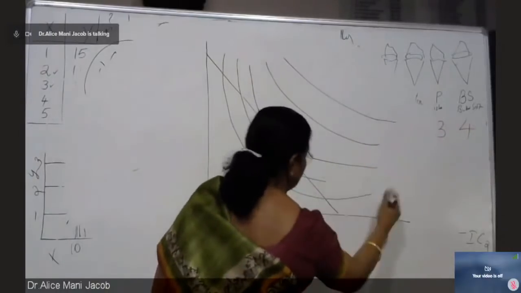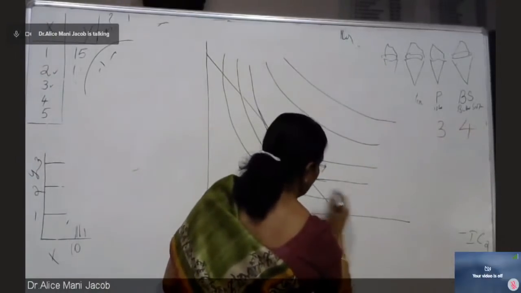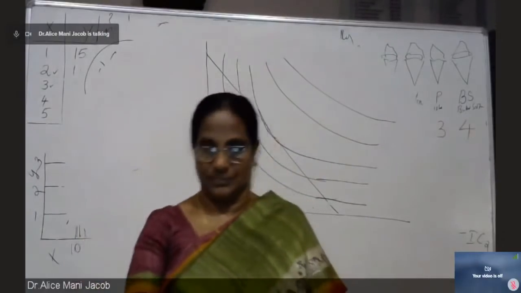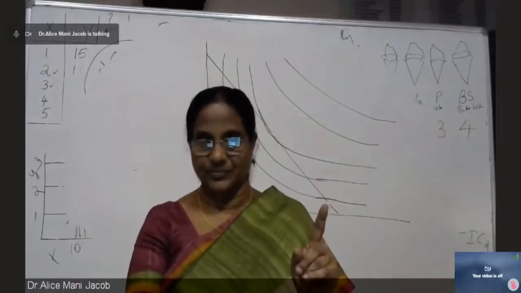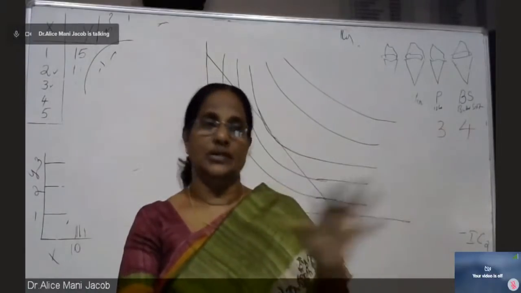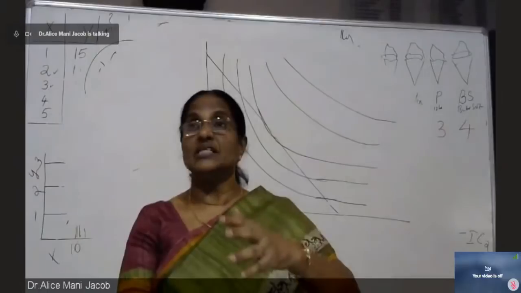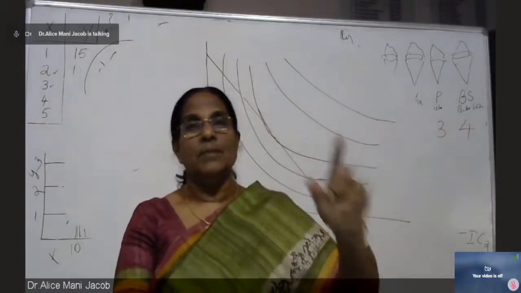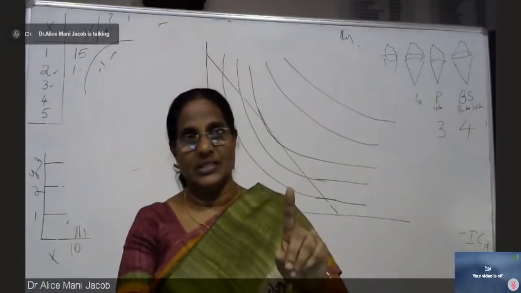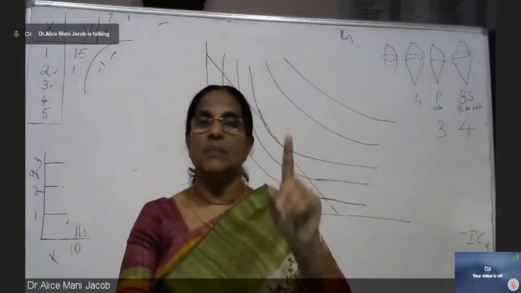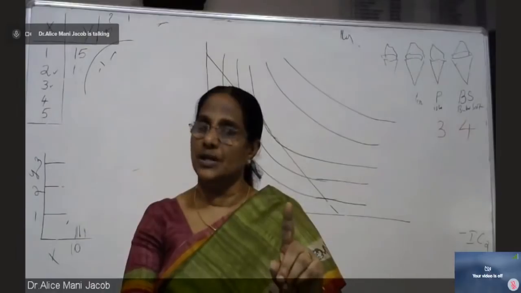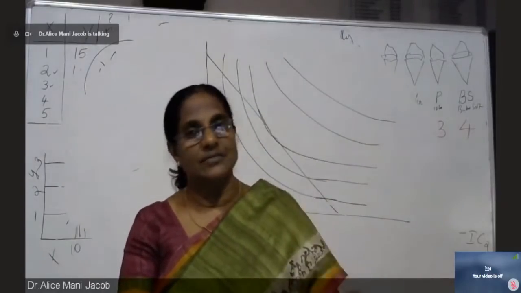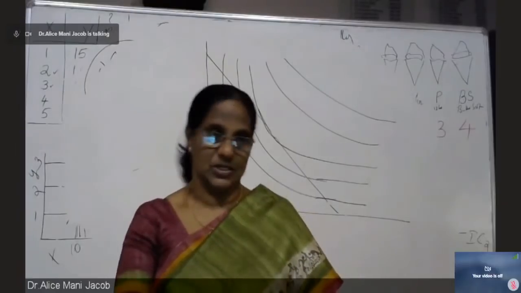By the way, one thing please remember: indifference curves need not be parallel to each other. You don't have to draw them parallel. Because the slope of an indifference curve represents its marginal rate of substitution, and when marginal utilities change, the marginal rate of substitution also can change.